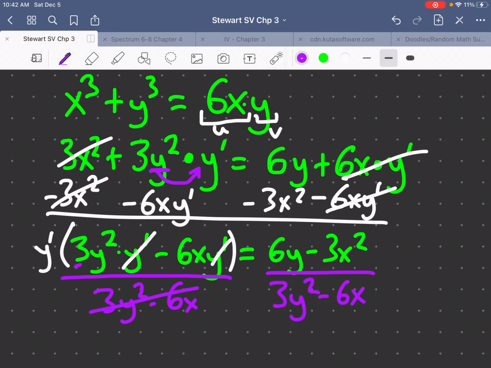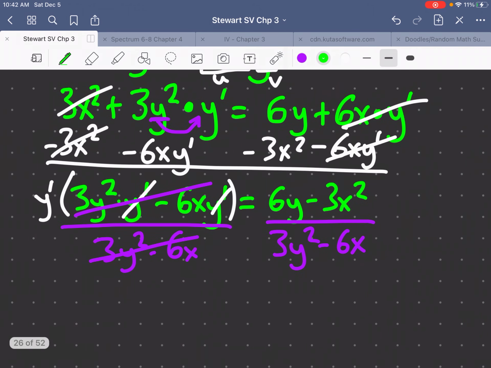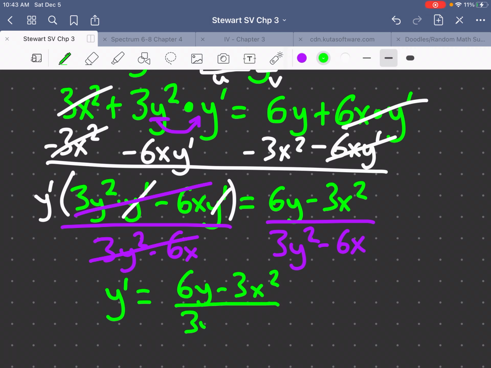And so that cancels with that. And we end up with y prime equals 6y minus 3x squared over 3y squared minus 6x.